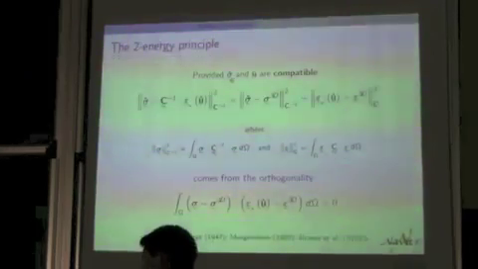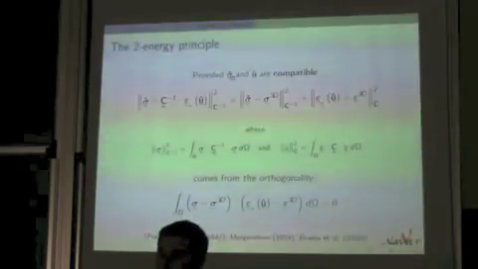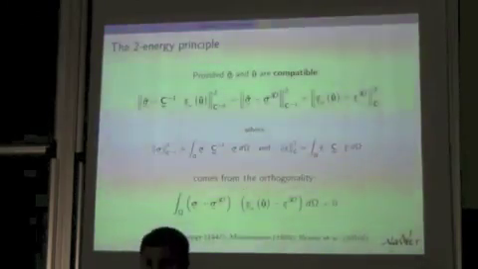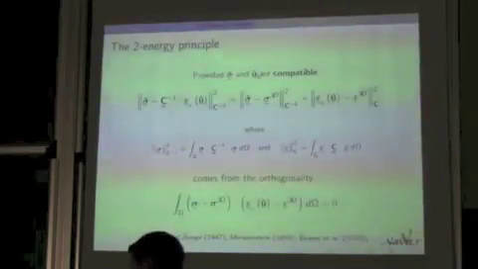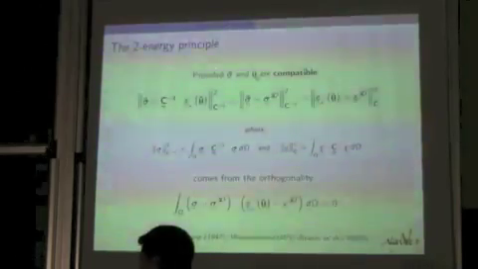So the 2-energy principle is just the idea that if you have an approximation of the stress of the exact problem, so let's assume that sigma hat is a statically compatible field, but not the exact field, and you have a displacement field which is also kinematically compatible.